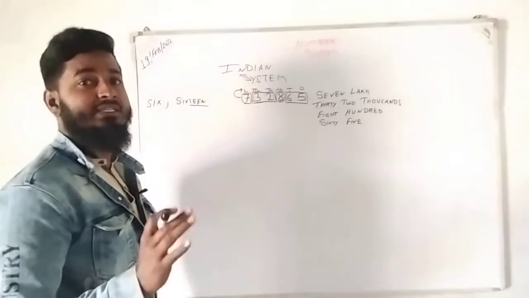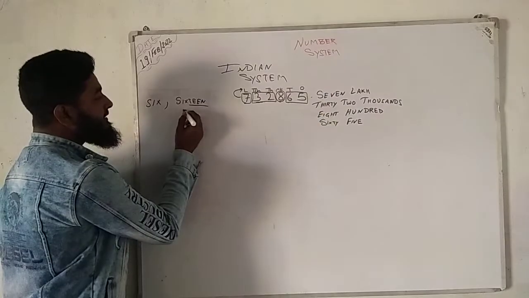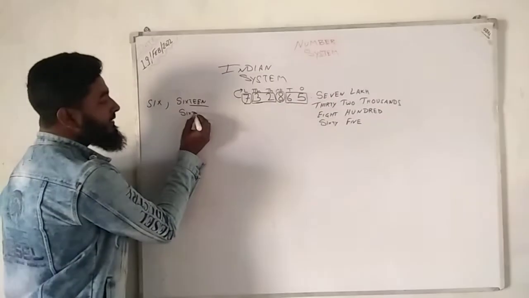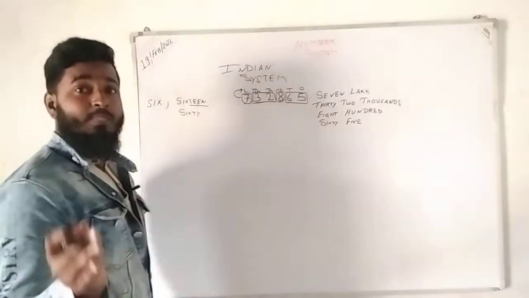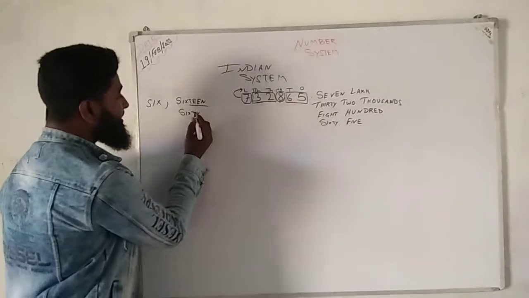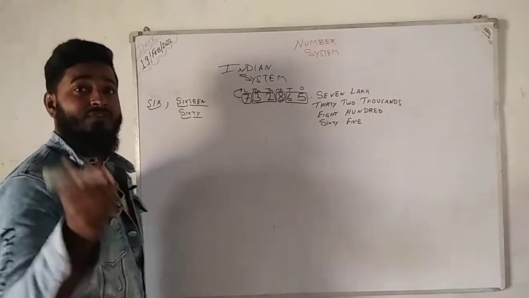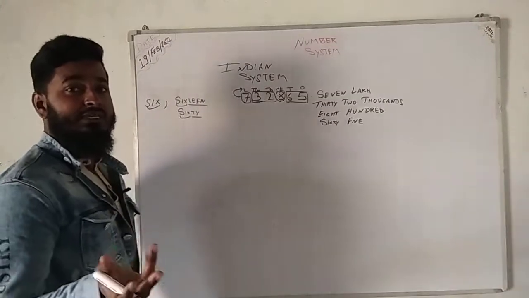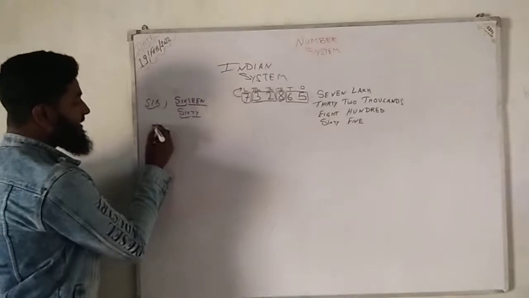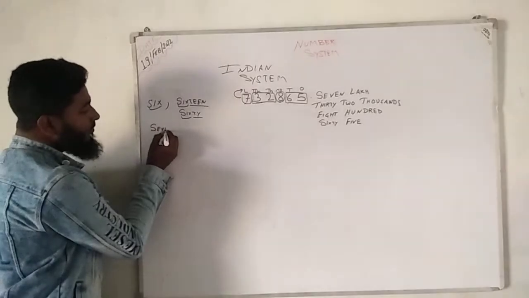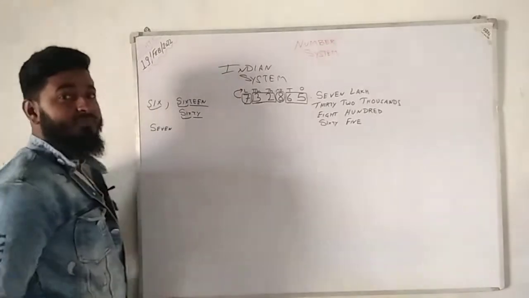Sixteen. What is the difference? Just add teen to the spelling of 6 and we get 16. Now add ty: sixty, 60. Here it is 6, here it is 6. If the kid knows the spelling of 6, then he knows the spelling of 16 and 60. Okay, now the number is 7. What is the spelling of 17?